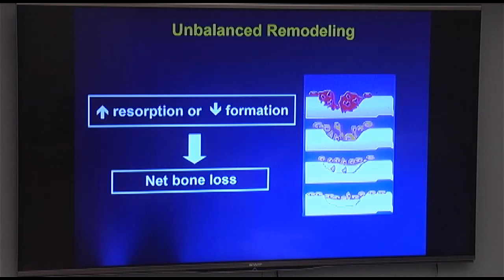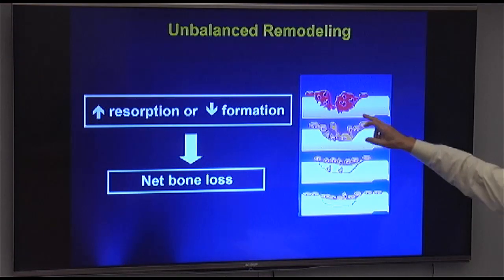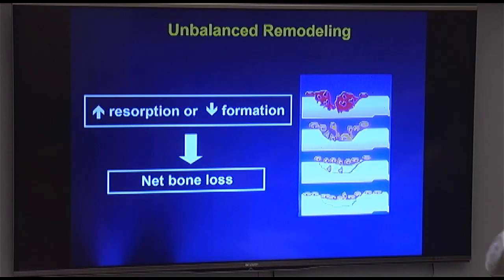It'll eat and take a little chunk of bone out. We don't know what the signal is that tells the osteoclast to go here and take out this bone. Is it a microdamage piece that is now signaling the osteoclast to fix it? Or is it just something age related?